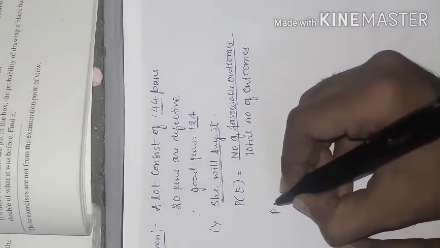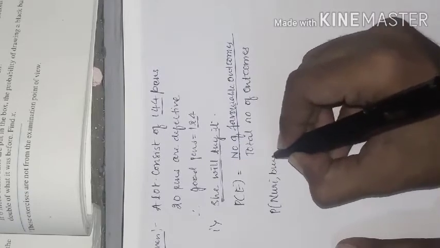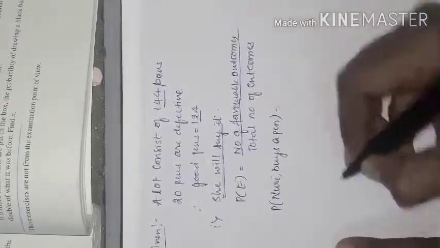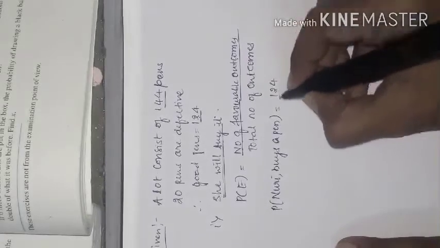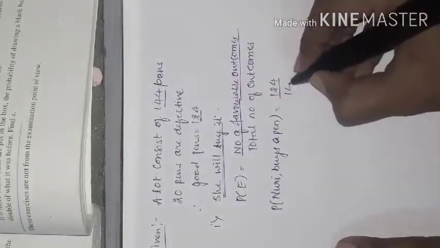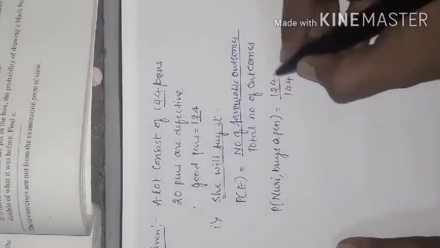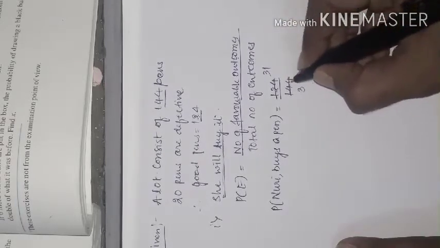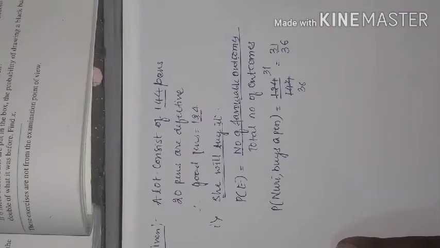So the probability of Nuri buying a pen is equal to the number of favorable outcomes, 124, over the total number of outcomes, 144. So we can cancel this: 4 threes are 12, 4 ones are 4, 4 threes are 12, 2 remains, 4 sixes are 24. So 31 divided by 36 is the probability of Nuri buying a pen.